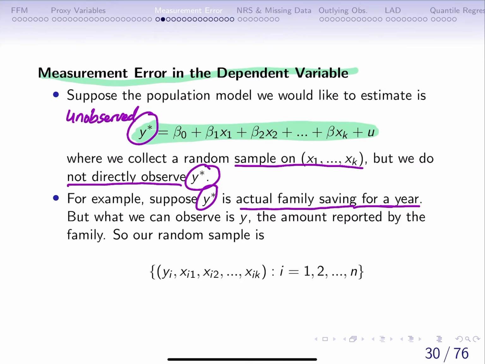So let's say we observe what they are saying in the survey, but not what is the actual saving. So there could be people underreporting their saving or overreporting their saving. This happens also, if you think about unemployment rates, people misreport their employment status.